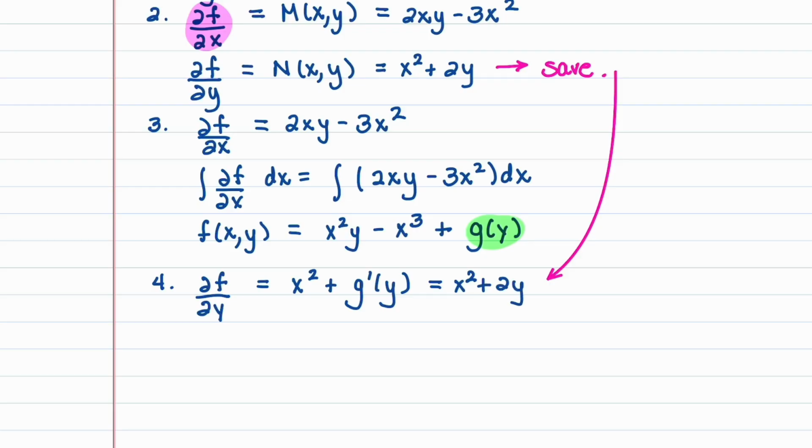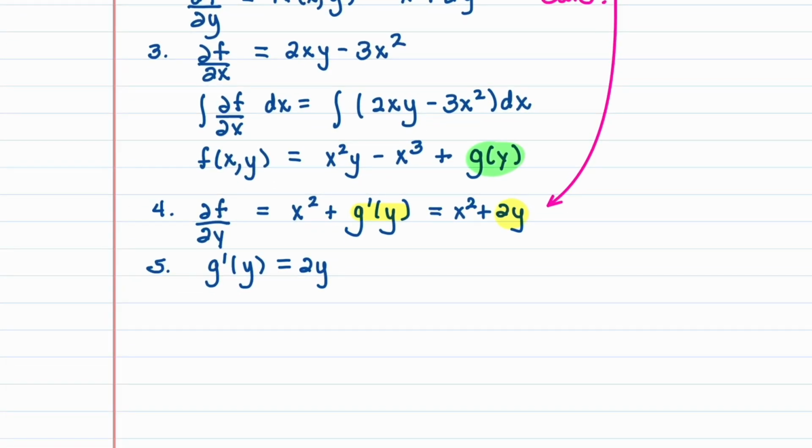So you can see from this, we can find out what g prime is. Our g prime is just 2y. So we have g prime of y is equal to 2y.